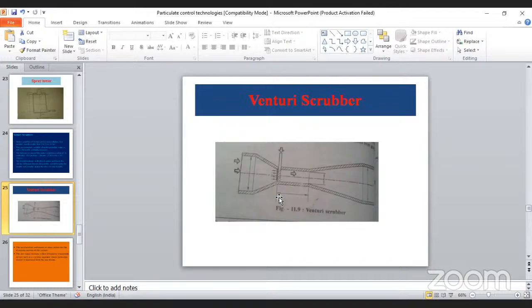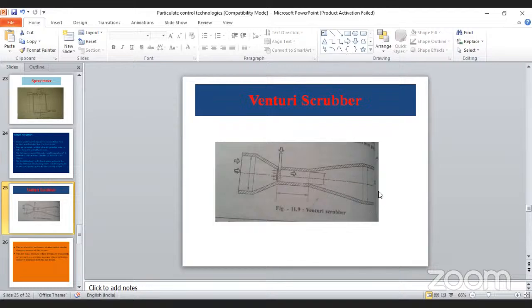When the speed at the wider area is less, when it goes to the small area, the speed must increase, isn't it? Then the speed is increased. Again, the speed is decreased at the right side end of the unit. They are widening the area again. When they do this widening, again the speed of the particles will be less. Then they will settle down at the bottom and the gases will be emitted.